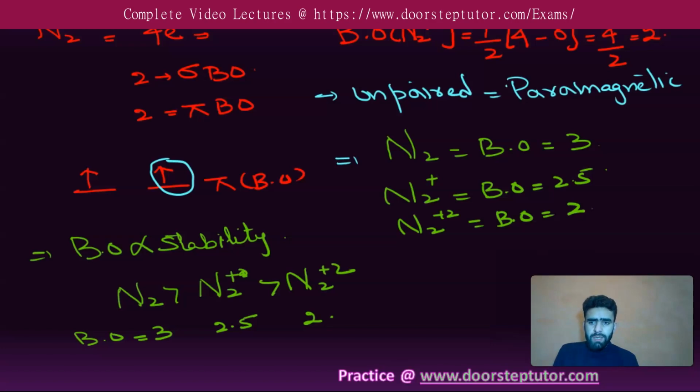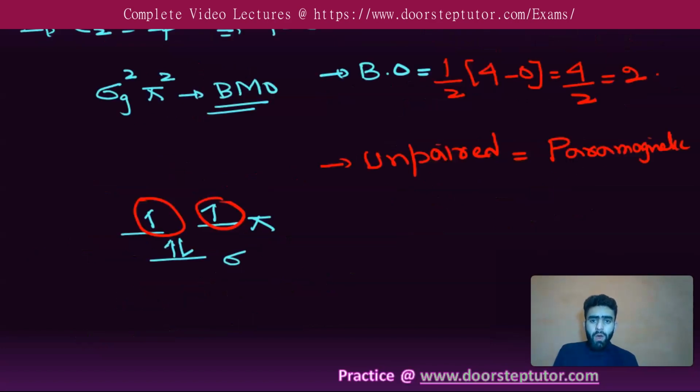Similarly, as we have seen in this case, we have carbon 2. In the previous lecture, we saw how the formation of carbon takes place.